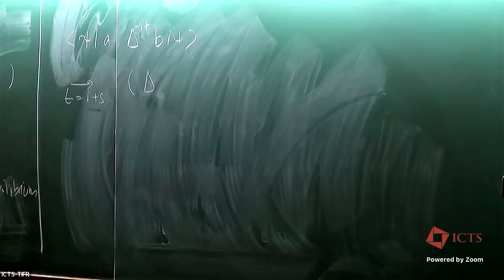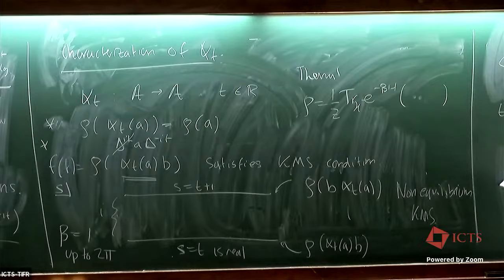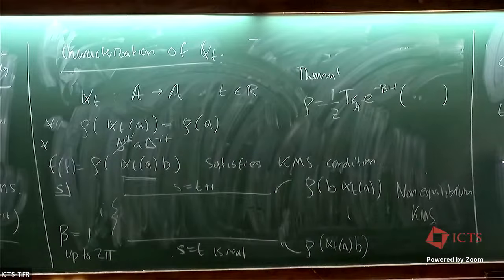Okay, so here what I've done is I've put in this, which is delta to the it A minus it A, and use the fact that this annihilates the state psi. So I've canceled that delta to the it, and I just have one delta to the it minus it. And then I go up to i.